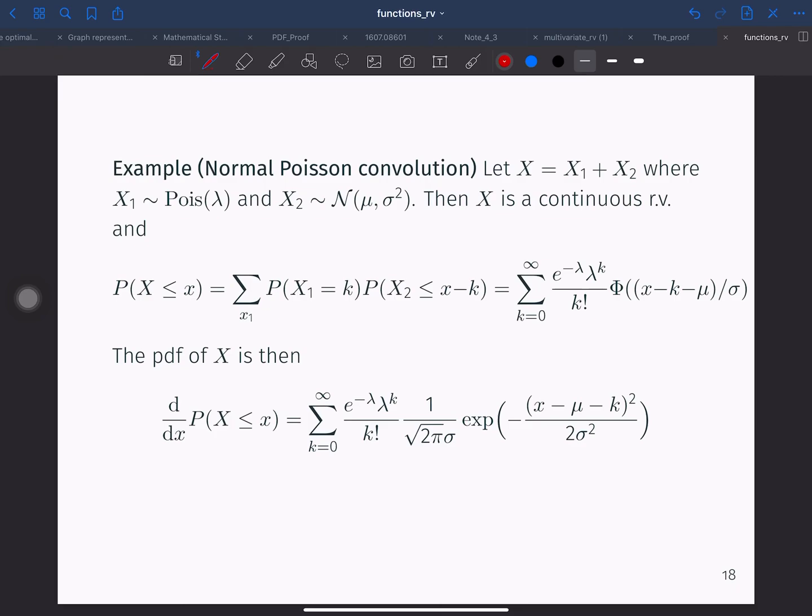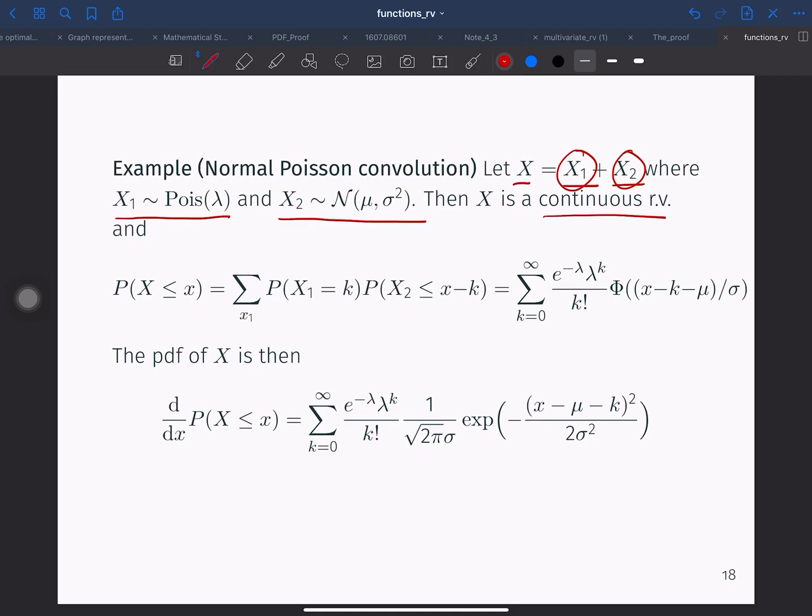Okay, then you can have another example where you take a random variable x, which is the sum of two random variables, one of which is discrete and the other continuous. So x1 is Poisson, which is discrete, x2 is continuous, then the sum is also continuous.